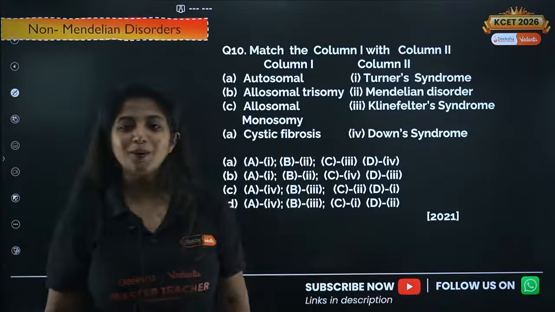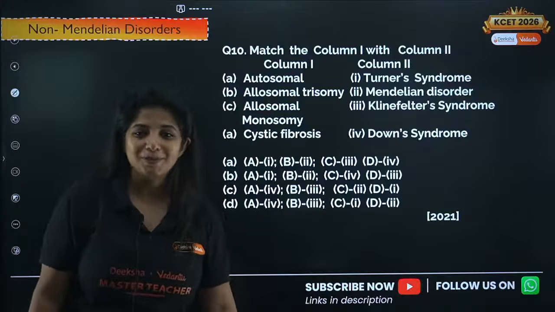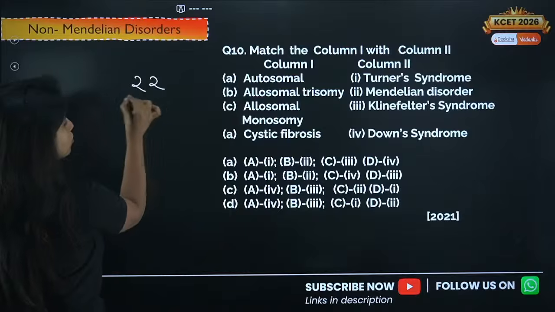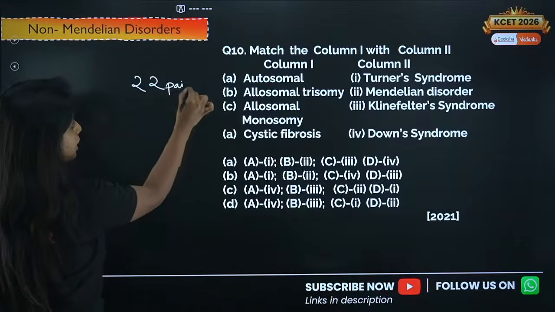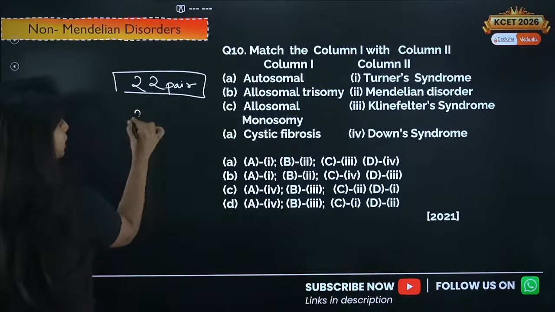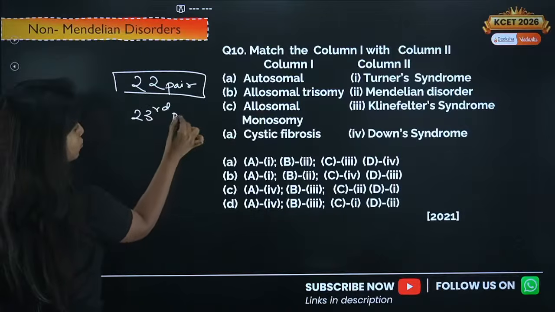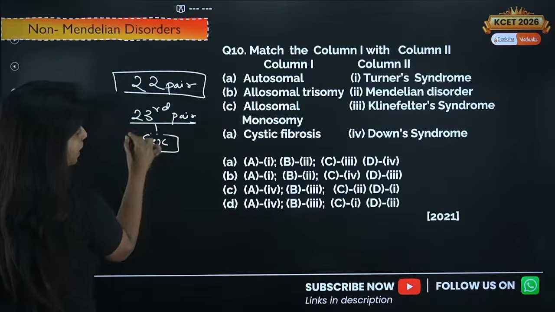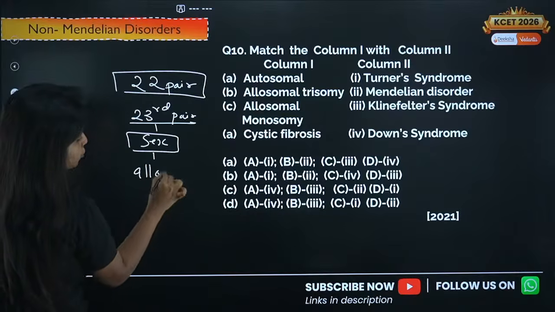First of all, what do you mean by autosomes and what is the meaning of allosomes? Autosomes are the 22 pairs of chromosomes in your body that are responsible for all your different traits. The 23rd pair, also known as the sex chromosome, is known as allosomes.